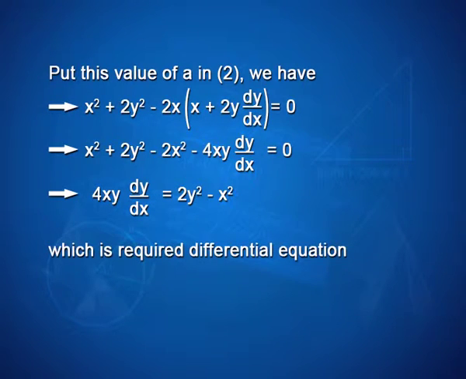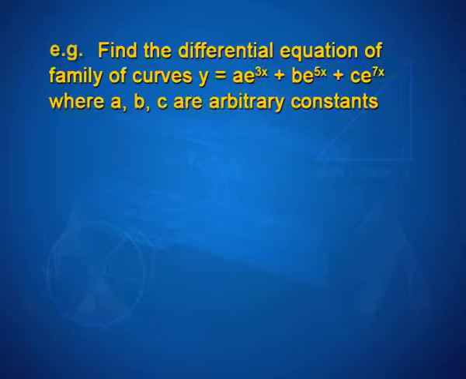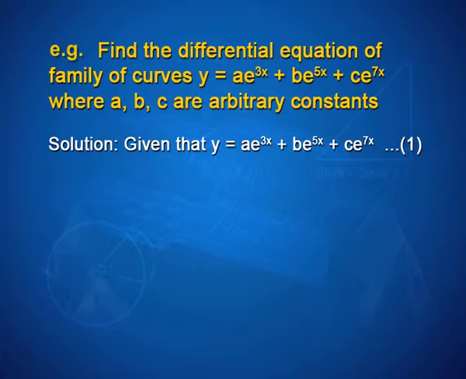Here is an important example because it has more than 2 arbitrary constants. Find the differential equation of the family of curves y = ae^(3x) + be^(5x) + ce^(7x), where a, b and c are arbitrary constants. For the solution, we are given that y = ae^(3x) + be^(5x) + ce^(7x).